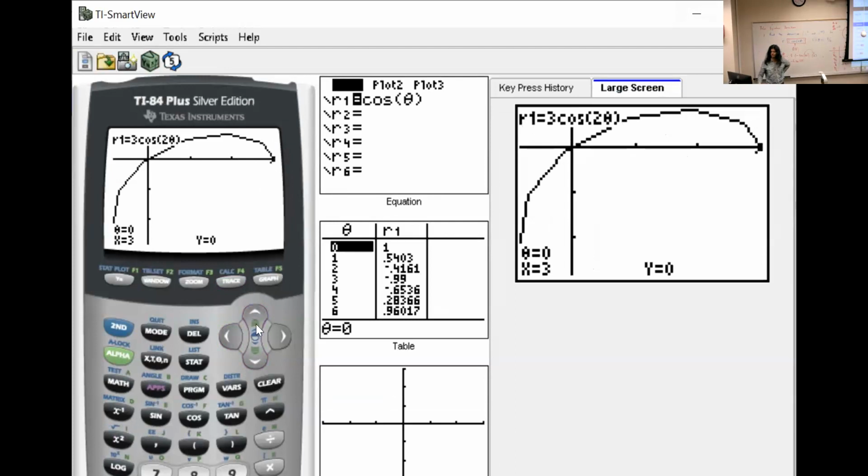Right there. It's giving me the X value, the Y value, and theta. It's not giving me r there, but you can see r on the side.